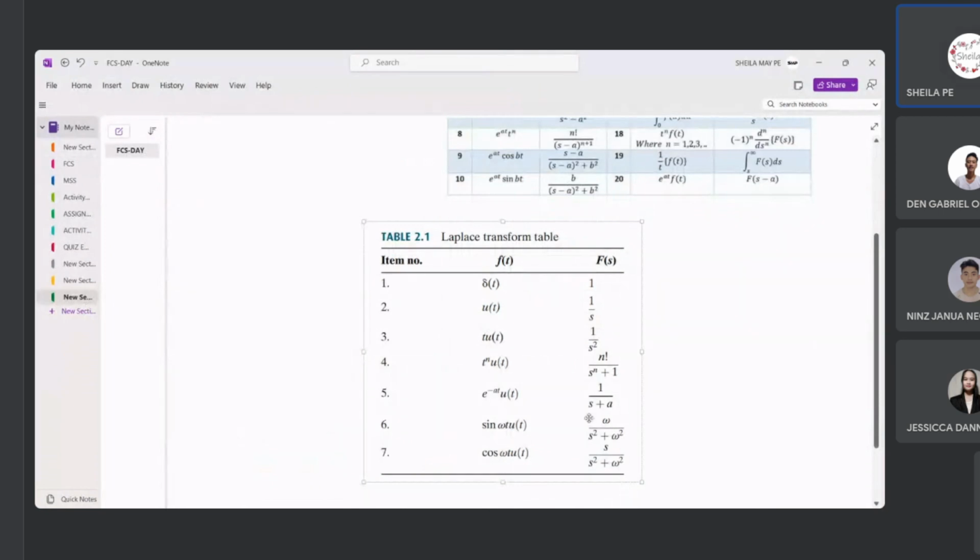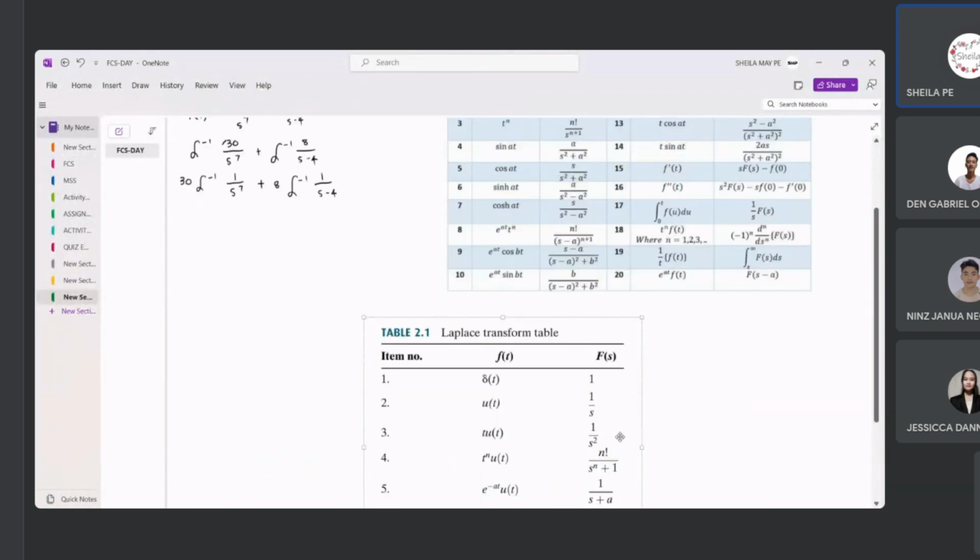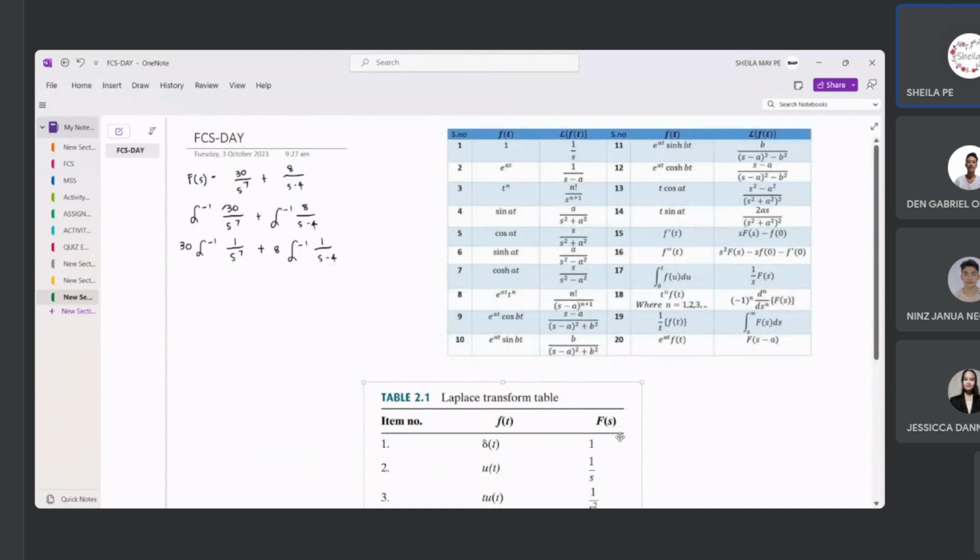If we have this one, class, the representation here is omega, so we have sin omega t. Remember, all those variables are just placeholders.